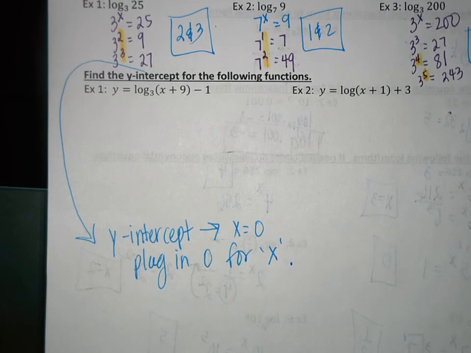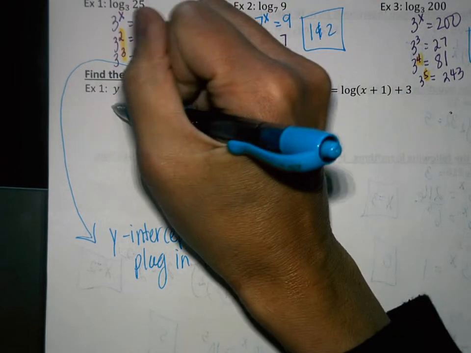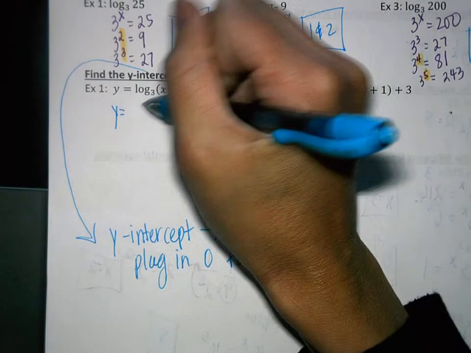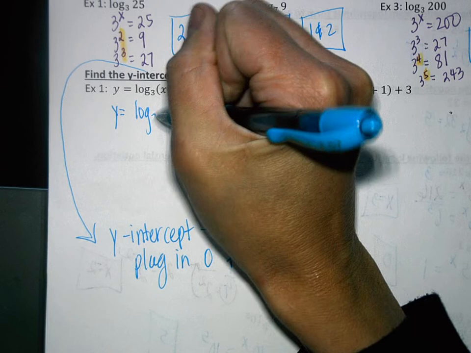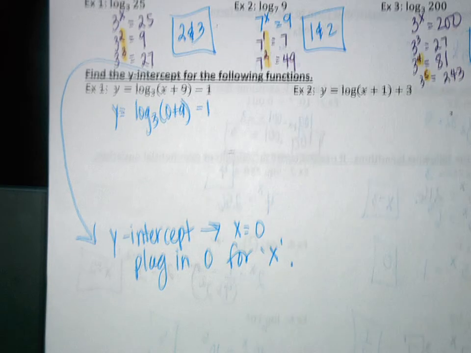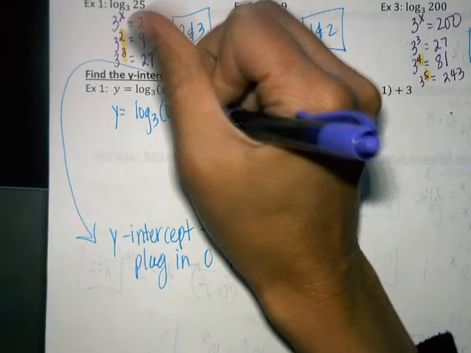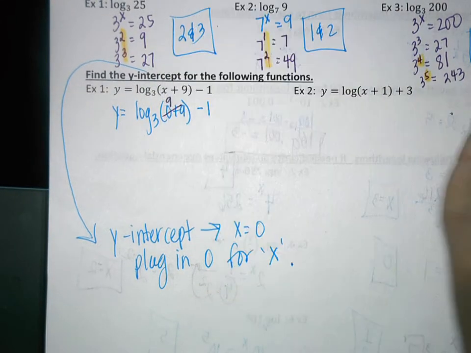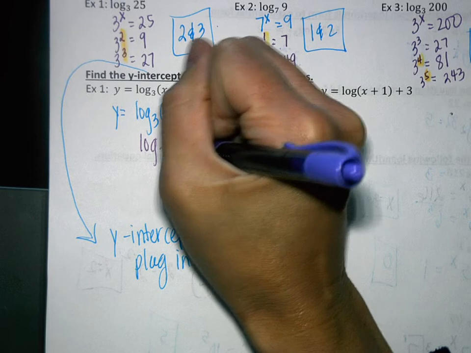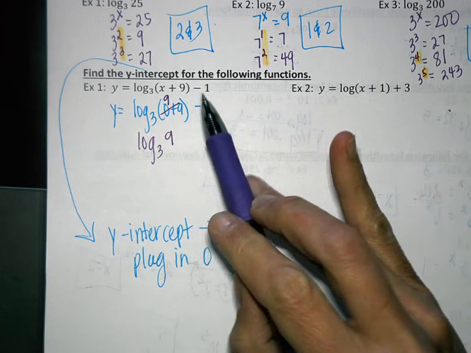If we look at example 1, I'm going to plug in 0 for x, and we're going to solve for y. So y equals log base 3 of 0 plus 9, and then minus 1. What is 0 plus 9? It's a tough one, I know, but that's 9. So we get log base 3 of 9. So 3 to what power gives me 9?